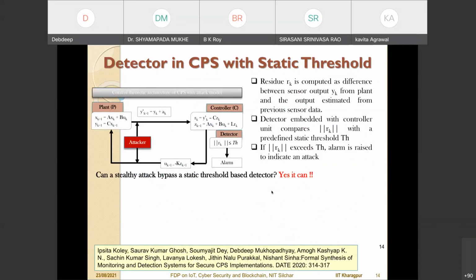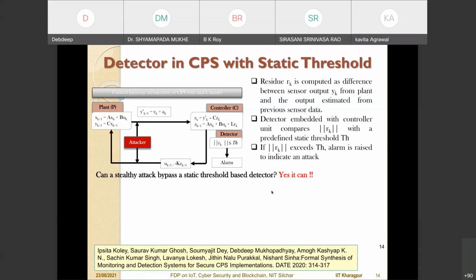In one of our research projects in our laboratory, where we worked with a company called Bosch, we published a paper in 2020. The diagram you can see here is a very classic depiction of a control system, where there is a plant, a controller, and a detector.